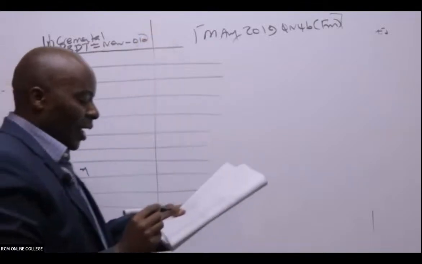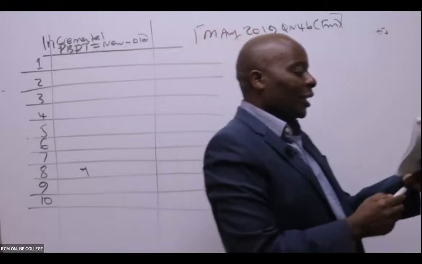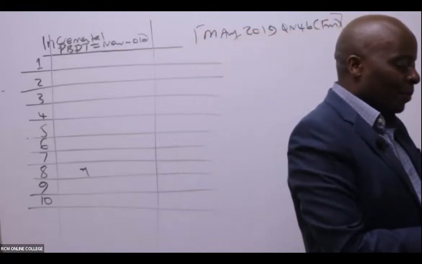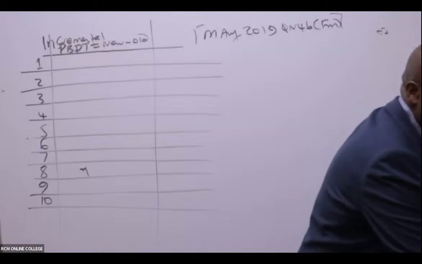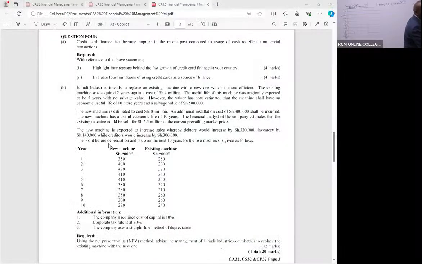After the third paragraph, they are telling us something very special there. The profit before depreciation and tax over the next 10 years is given. This is the PBDT for the new machine, and the PBDT for the existing machine. I want the incremental.